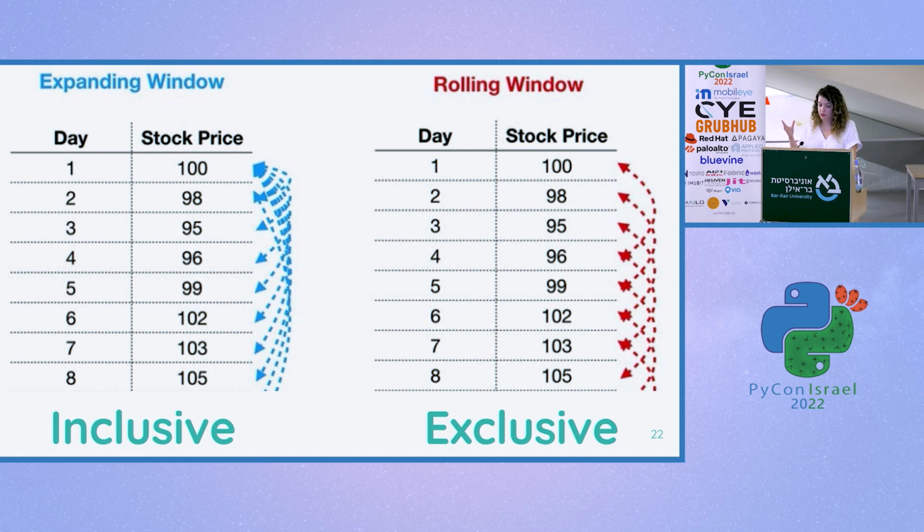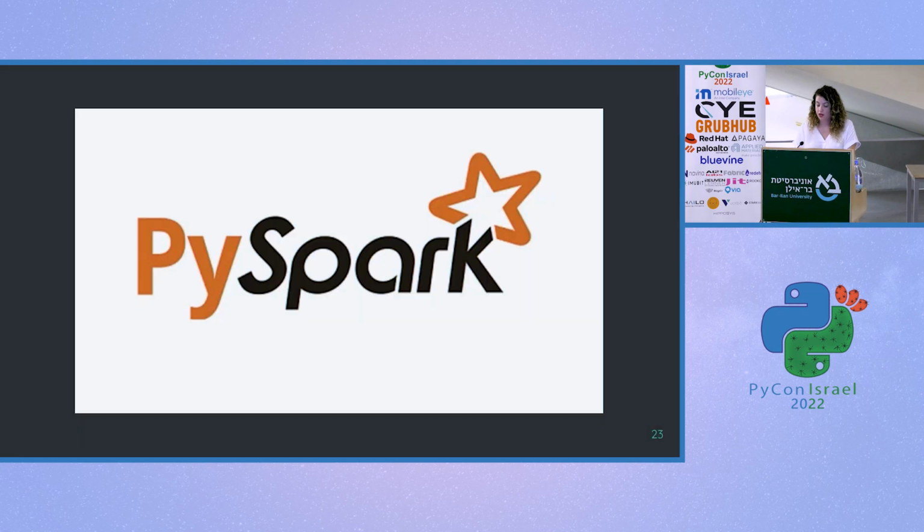Expanding windows are inclusive, which means you run on the first row, and then on the first two rows, and then on the first three rows, and so on. Rolling windows run on the first two rows, and then on the third and fourth, and those are actually exclusive time windows. But I'm going to show you an example using PySpark.